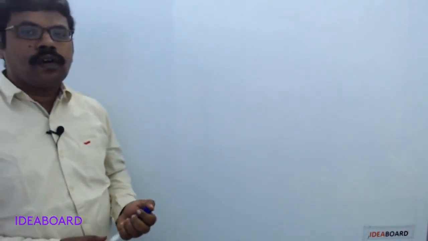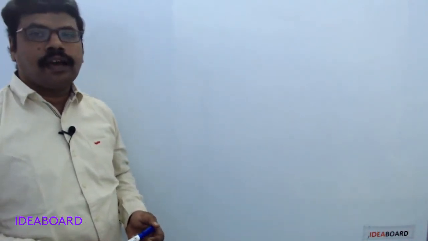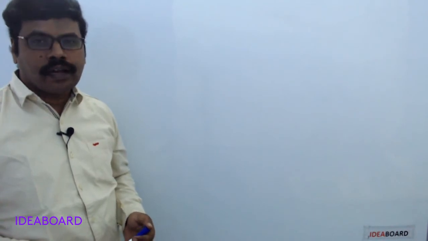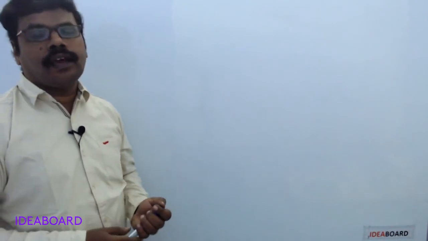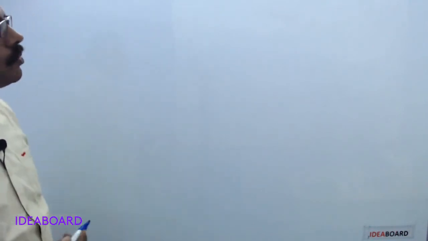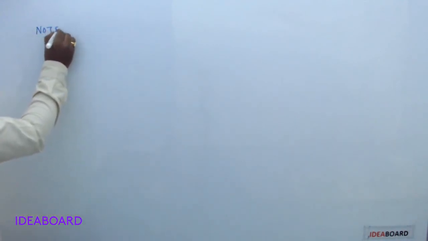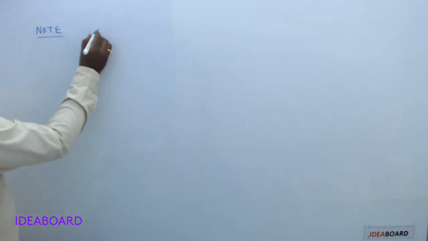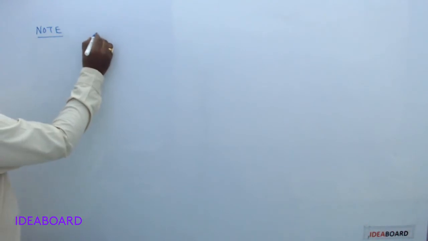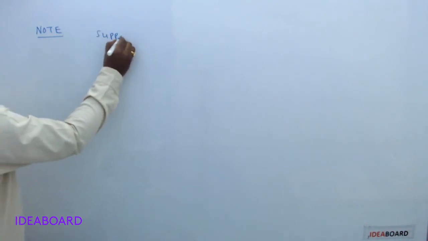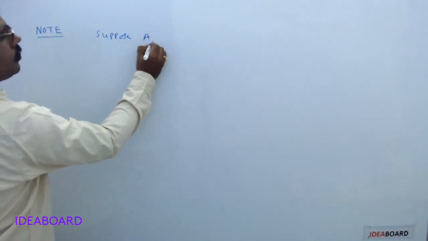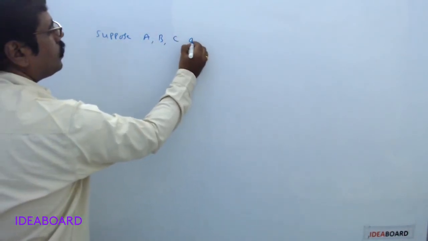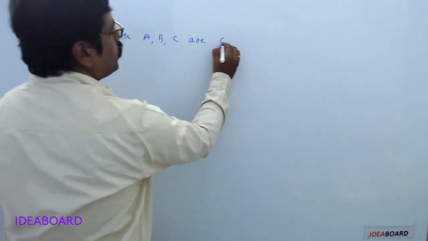Now, from the proof of the two-point form formula, we are getting one important condition. What is that condition? If 3 points are collinear, then their slopes are equal. So, write down that point. Suppose A, B, C are collinear points.